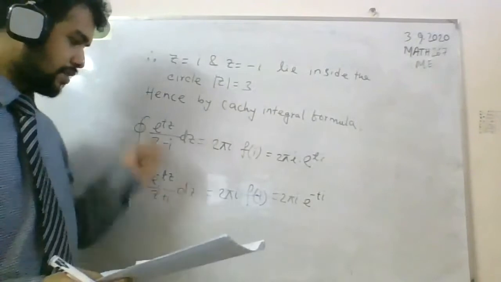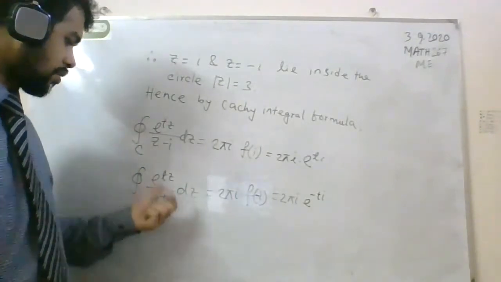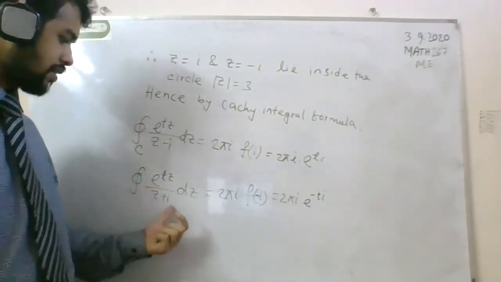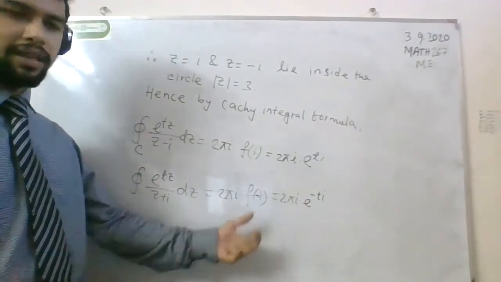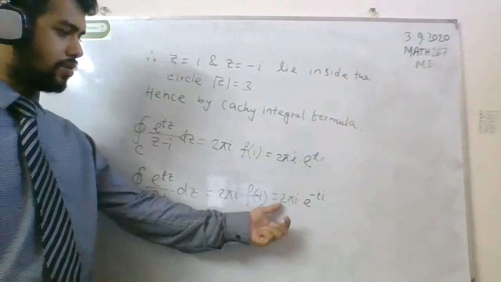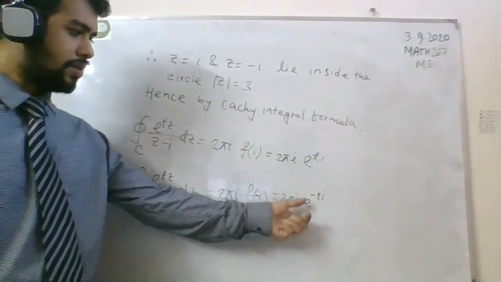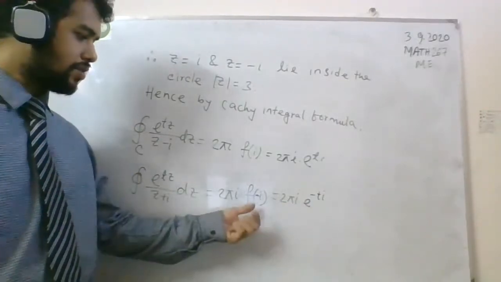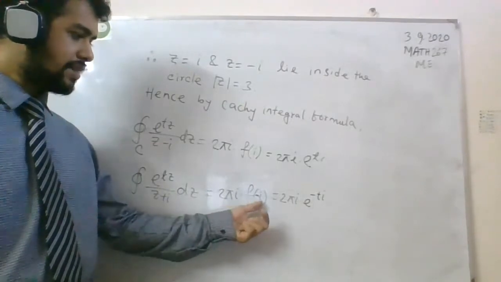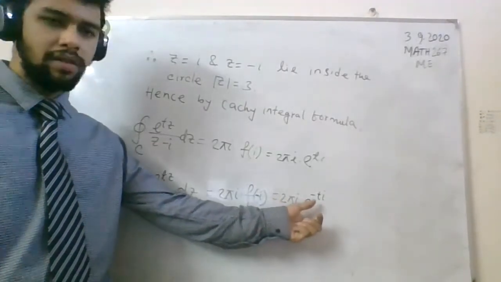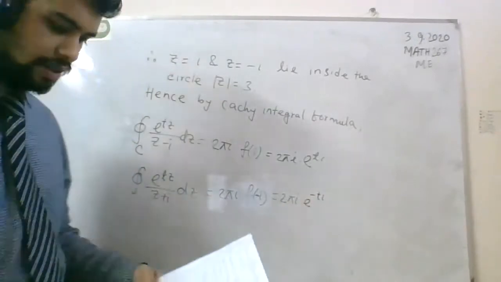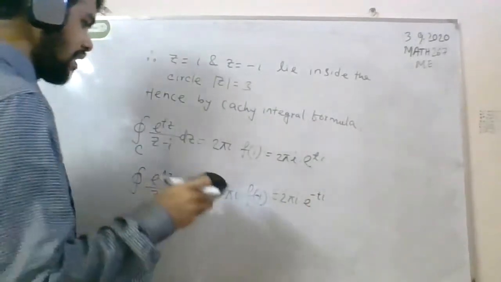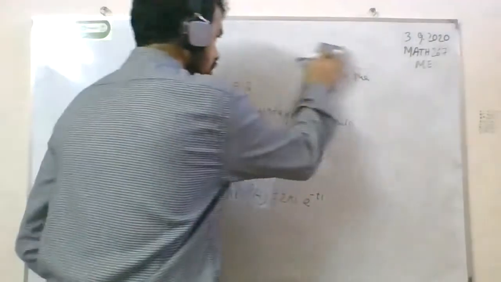So this is minus, here e to the power tz divided by z plus i dz. So 2 pi i into z minus i, okay, equals 2 pi i e to the power tz at 0. So that's why f of minus i is e to the power t minus i, that means e to the power minus ti. Okay. Now just put these values in our equation 2.